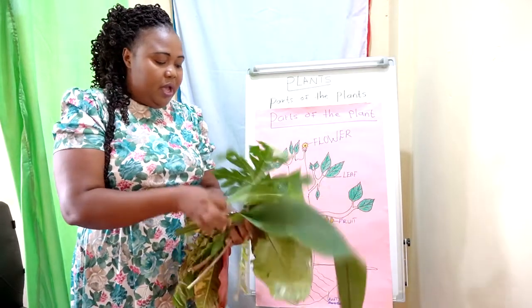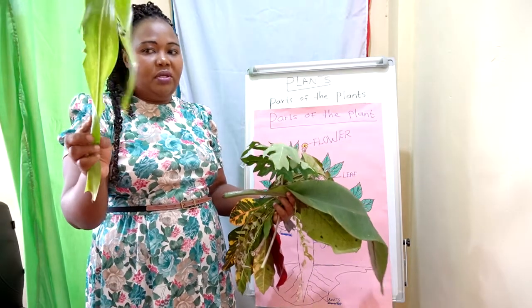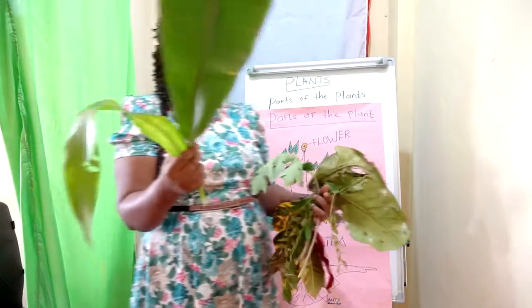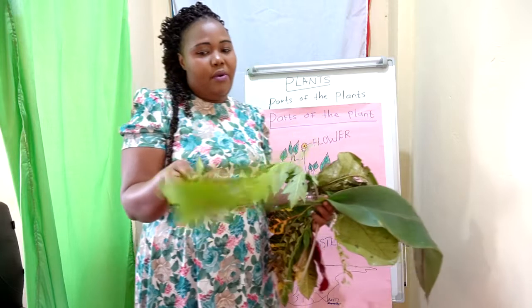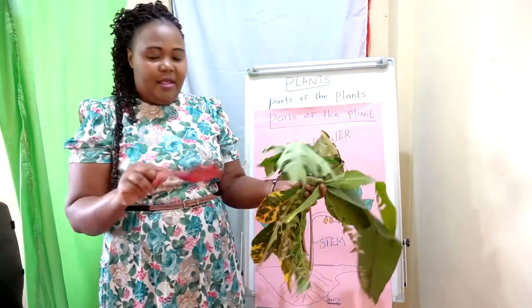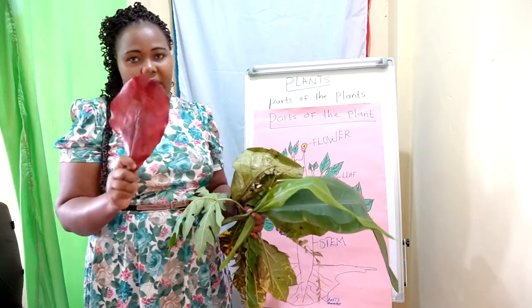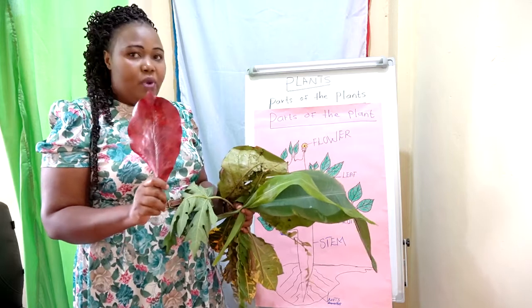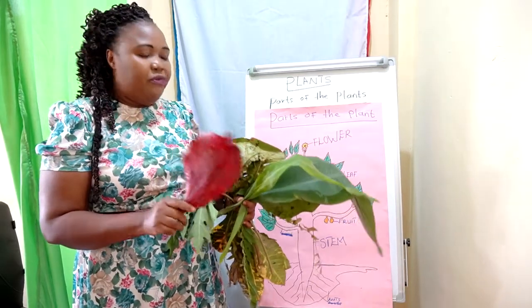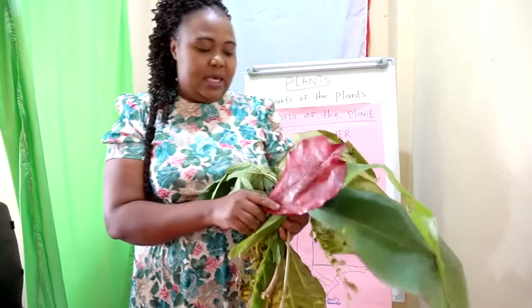It's green in color. So here we have another leaf. It's also big, but not that big compared to this one, but it's somehow green. We also have another leaf here. This leaf is not green, it's somehow red. So we have leaves of different sizes, different colors.